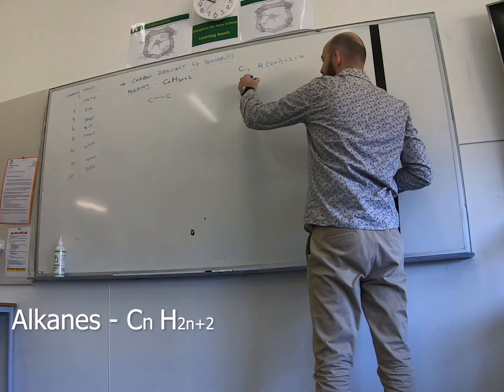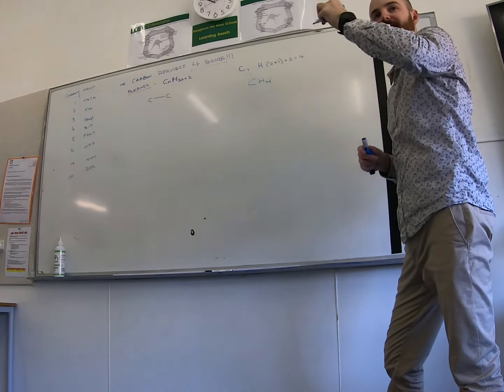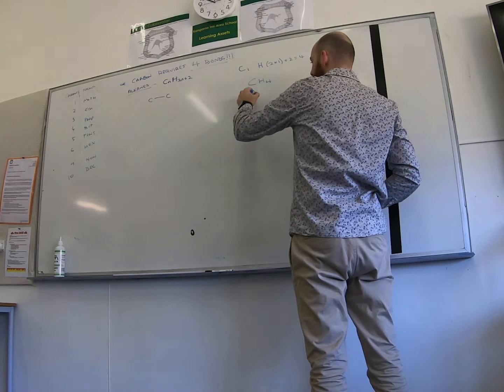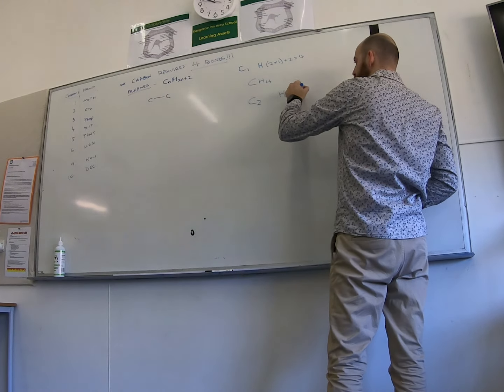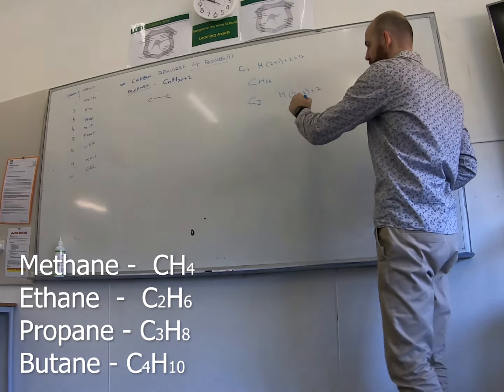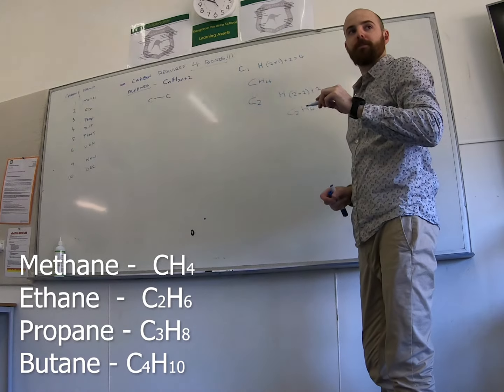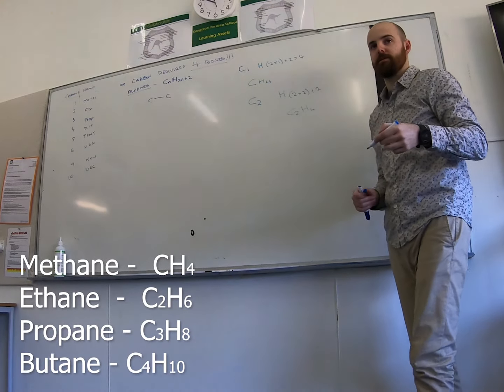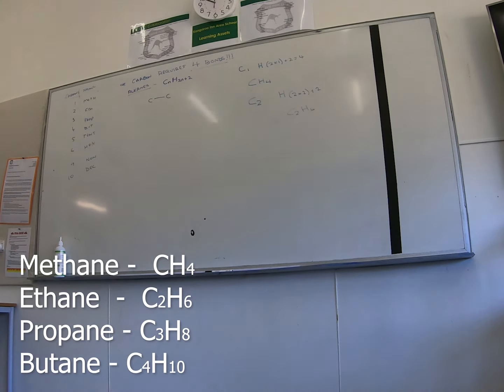So we have C1H4. If we have 2 carbons, we get C2, H2 times 2 plus 2, which is 6. So we get C2H6. 3 we get C3H8, 4 we get C4H10, C5H12, C6H14, and so on and so on.